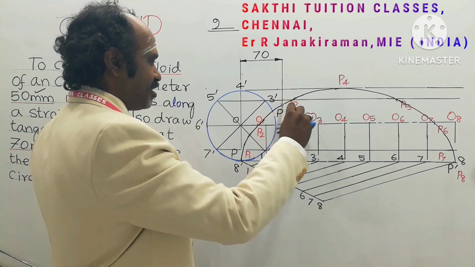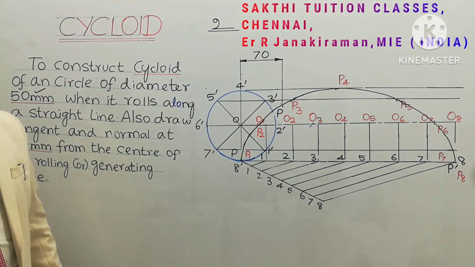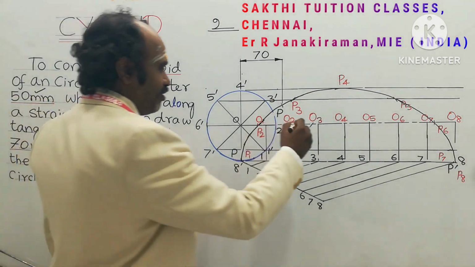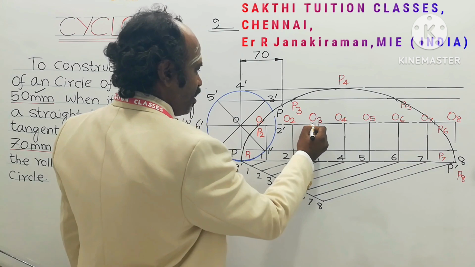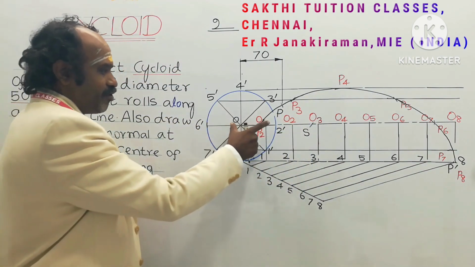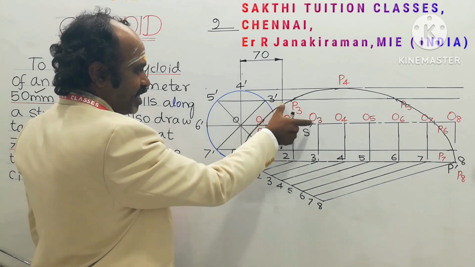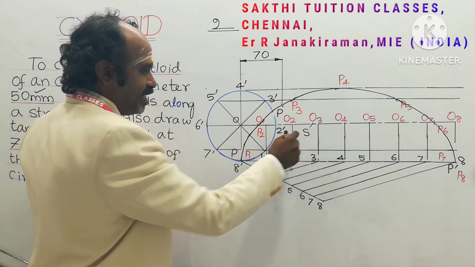It cuts here. Okay, so let this point be marked with any letter you can provide. Let me provide the letter S. So with the radius of the rolling circle in the compass, P as center, cut an arc on the line passing through O of the circle. It cuts here, marked as S.